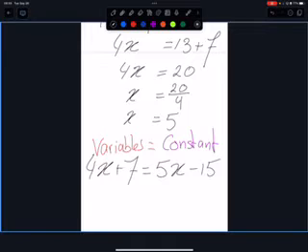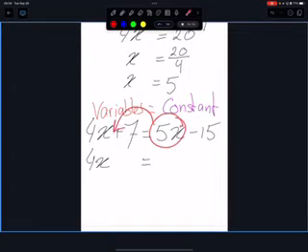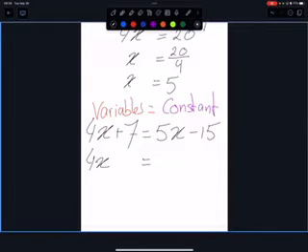That is a constant. Now, you place all the variables on one side and you place all the constants on another side to keep it in balance. So 4x is a variable equals, and you look for the other variable, it's 5x. Now, when it moves over the equal sign, the operator changes.